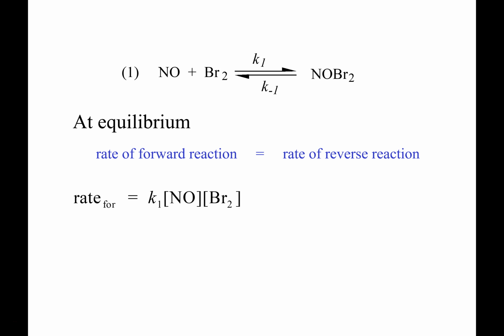When it goes backward, notice now my reactant is NOBr2. So in the reverse direction, the rate law expression is rate equal to K minus 1. These are two different rate law constants. Using molecularity, NOBr2 raised to the first power.